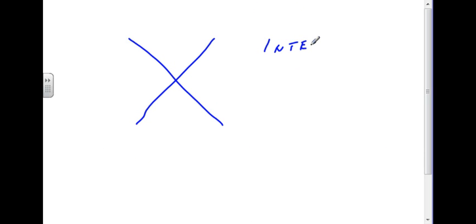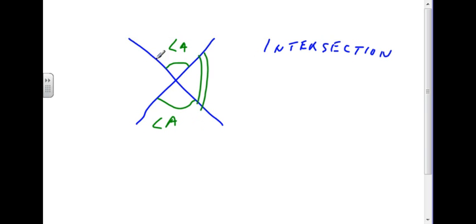When 2 lines cross, we have an intersection. So you have an intersection. The vertical angles are going to be equal, so this angle A is going to be the same measurement as that angle A. They both had a measurement of A. And these sides over here, they're the same as well.